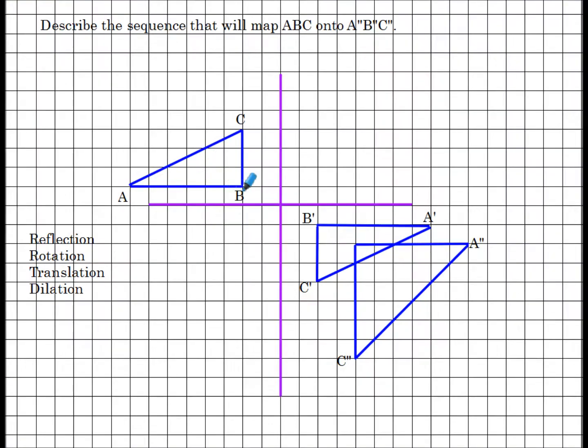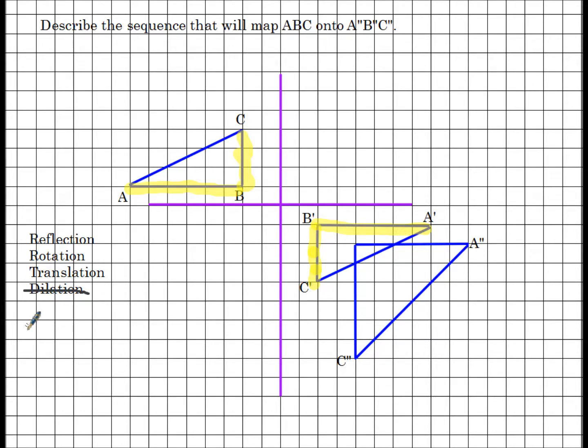Because I can count. 1, 2, 3. From B to C is 3. 1, 2, 3. From B to C is 3. From A to B is 1, 2, 3, 4, 5, 6. Over here from A to B is 1, 2, 3, 4, 5, 6. So the size does not change. Since the size does not change, that first transformation is not a dilation.